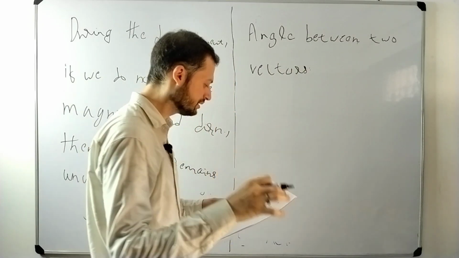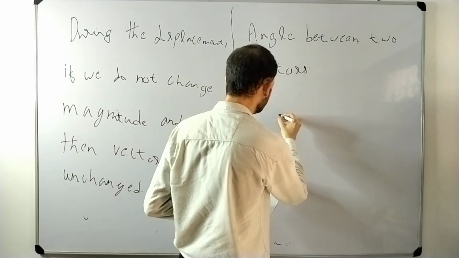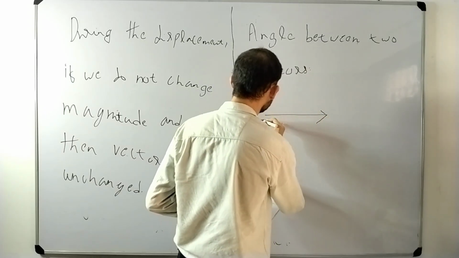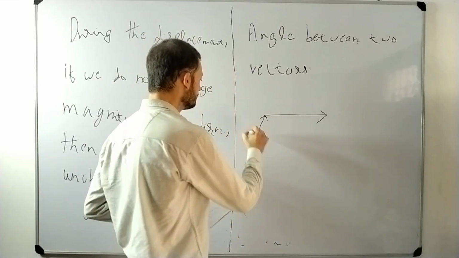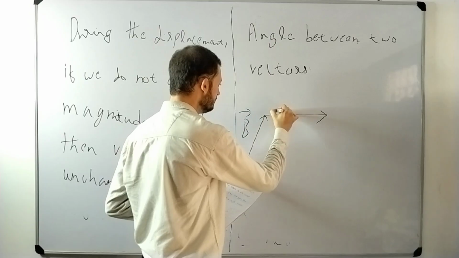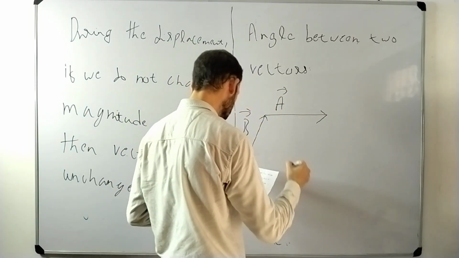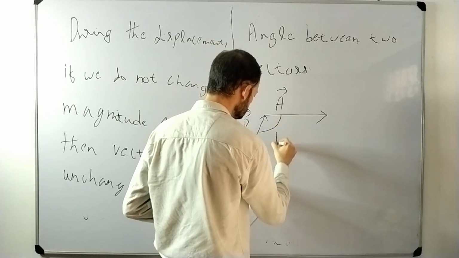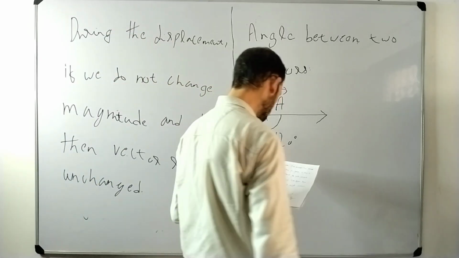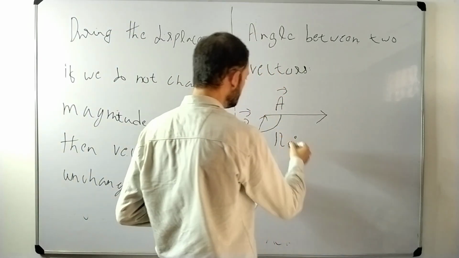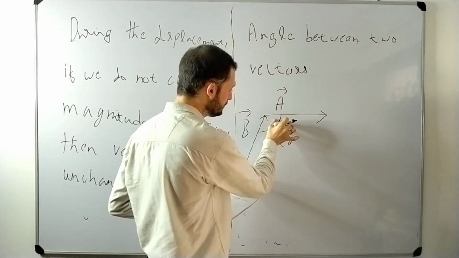Let me show you with an example. Here are two vectors. This is vector B and this is A. The angle shown is 120 degrees.